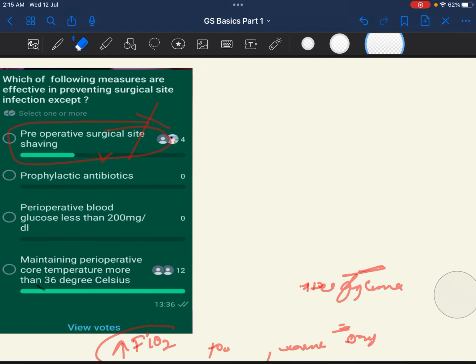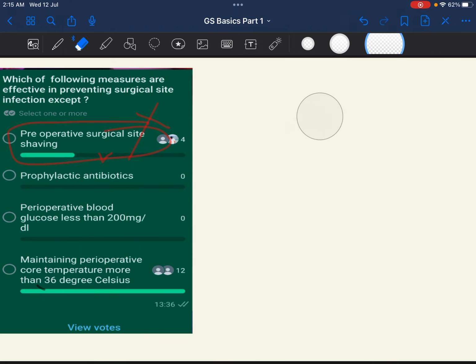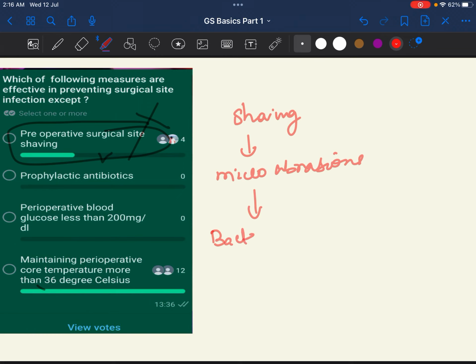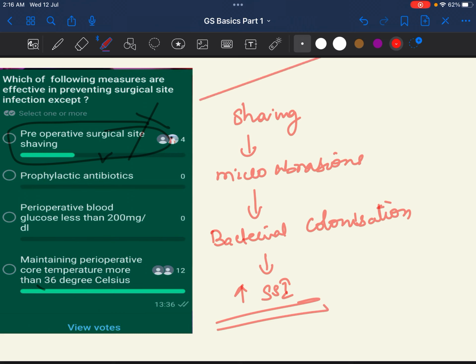Shaving will induce microabrasions. In these microabrasions, there will be higher chance of bacterial colonization. So this will increase the risk of surgical site infection.